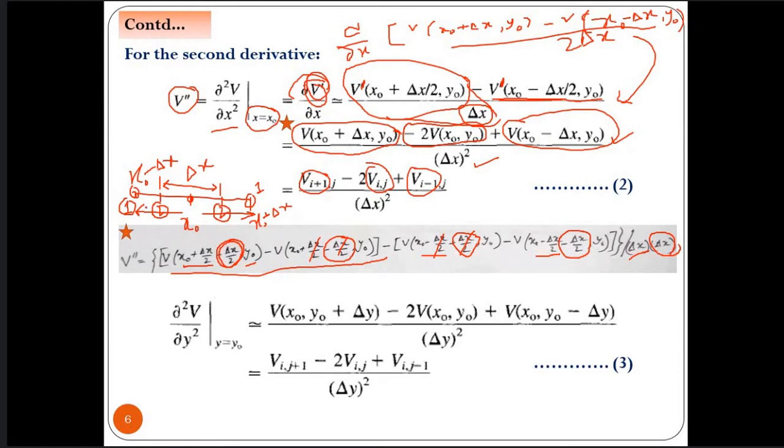In the Poisson's equation, if you consider equation number 1, there are two terms. One is del 2v by del x square, and another is del 2v by del y square. So in same fashion, you will be able to find out this one. In that case, the derivative is with respect to y. So instead of x0, now you have to vary y0 plus del y and y0 minus del y, and we will get this type of equations.